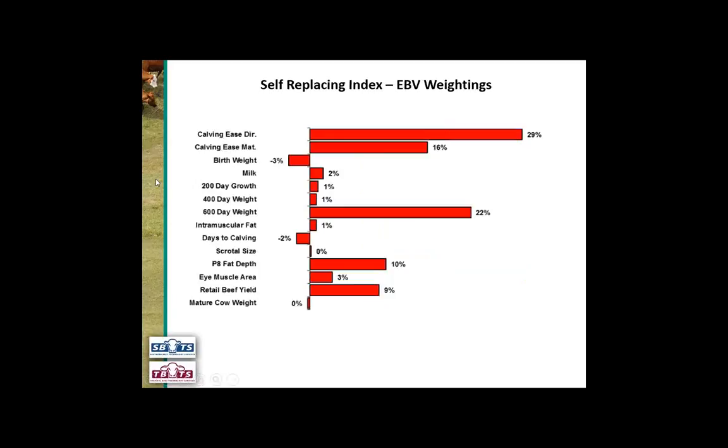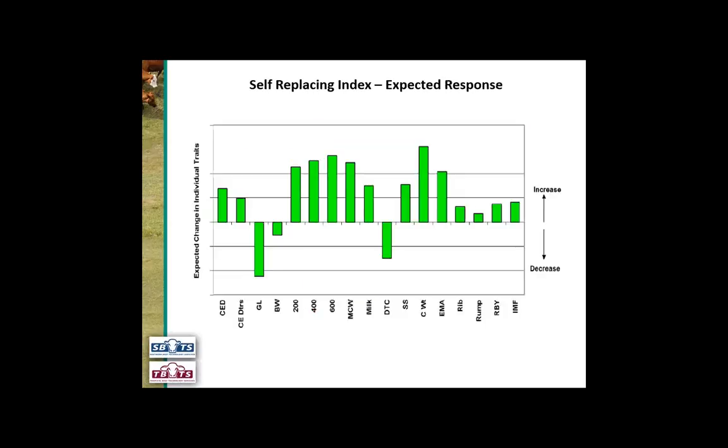Now, once the index is calculated, you'll see it is going to try and push intramuscular fat or marbling up a little bit. And interestingly, in the green graph, IMF is going to go up significantly using this index, and it's mainly because the IMF percent is correlated with rib fat and rump fat. So if you increase those two, you'll tend to get an increase in IMF percent as well.